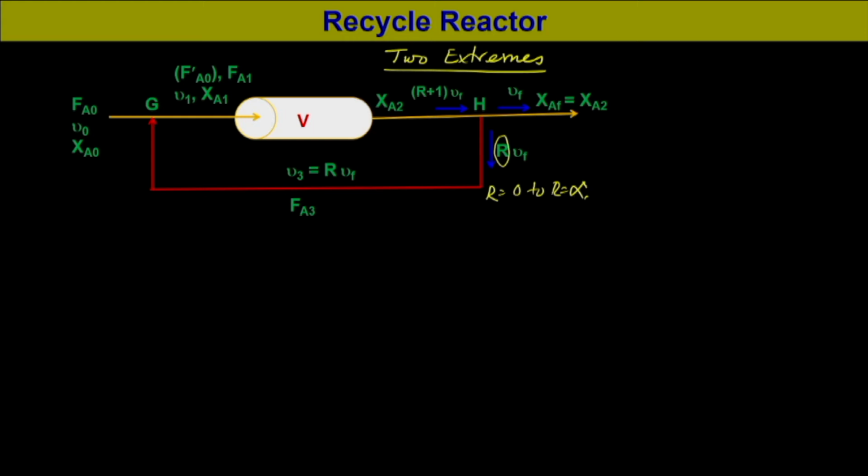So, for this special case, if we write this performance equation, V by FA0 is equal to (R plus 1) integral from R XAF by (R plus 1) to XAF of dXA by minus rA.